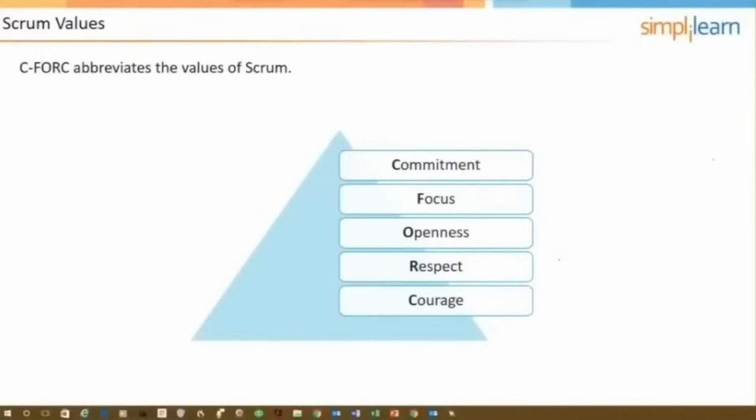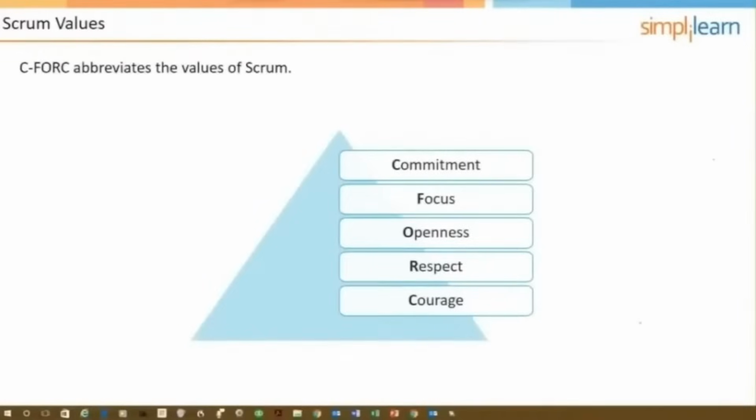And let me just briefly go over these. None of these will be a big surprise here. We've talked about some of them already in one context or another. For commitment, that means the team is going to commit to deliver value to the customer.